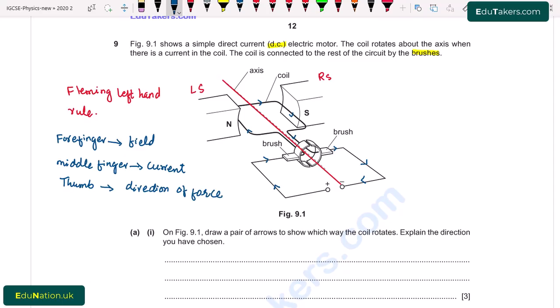So you can see in the figure that current is flowing on the left hand side in the upward direction, and the magnetic field is from north to south pole. It is the direction of the magnetic field.